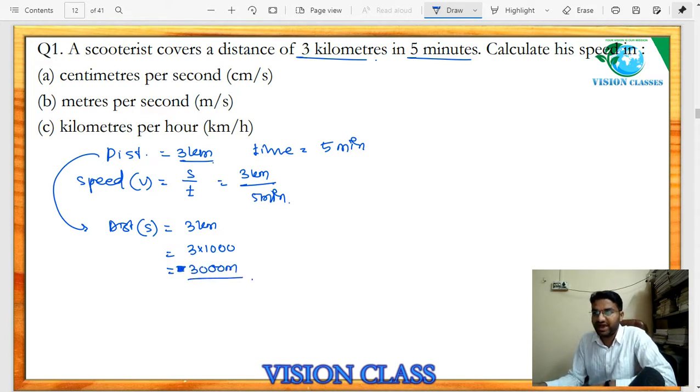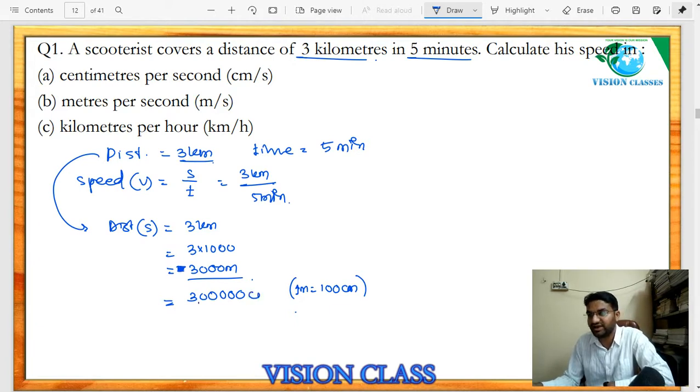And if you convert into centimeter, 1 meter is 100 centimeter, so it's 3 lakh centimeter, or 300,000 centimeter.